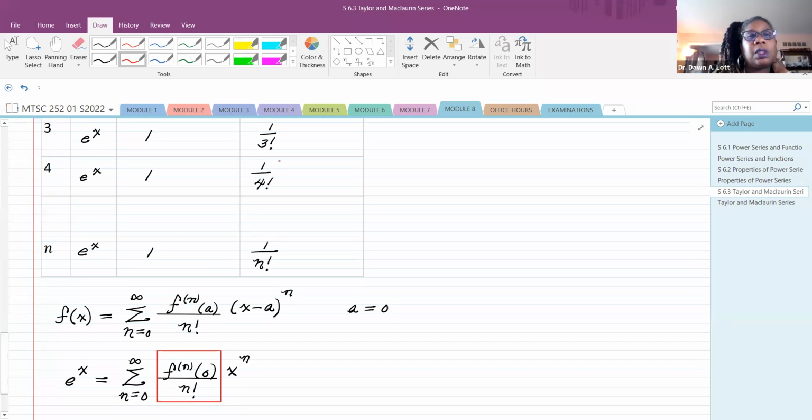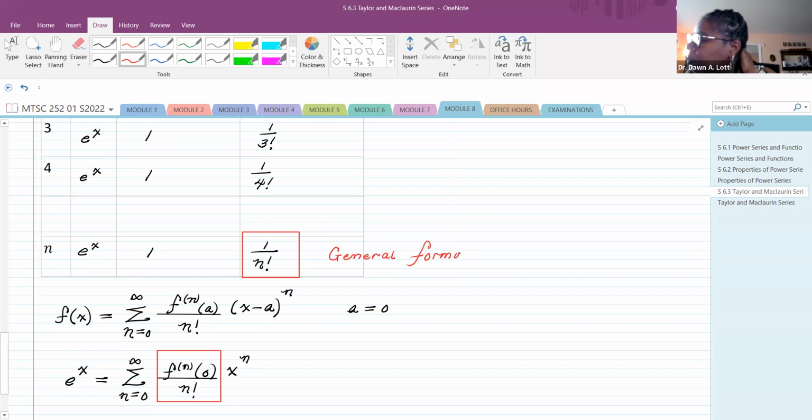And that formula that we came up with, the general formula, is this. So this is the general formula. So therefore, I'm going to plug that in.